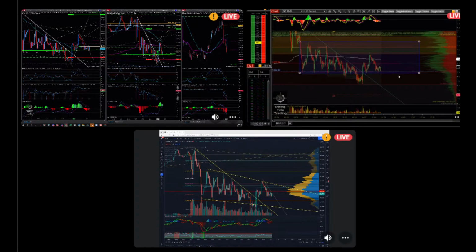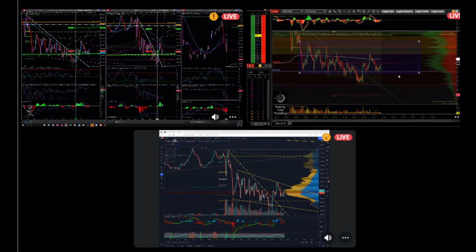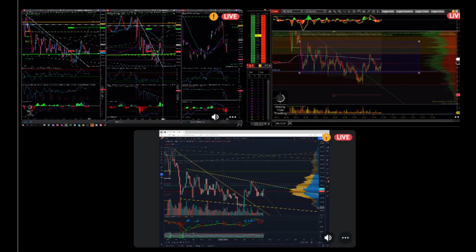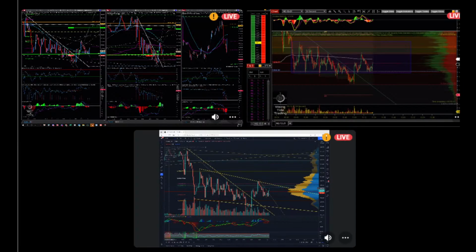The 1 minute finally has crossed over and shown some strength for the first time today. And also, I see a bullish divergence on your three. So it's looking good to the upside.